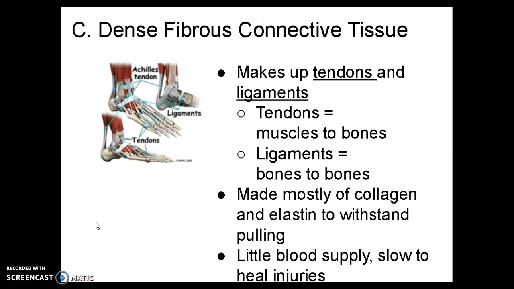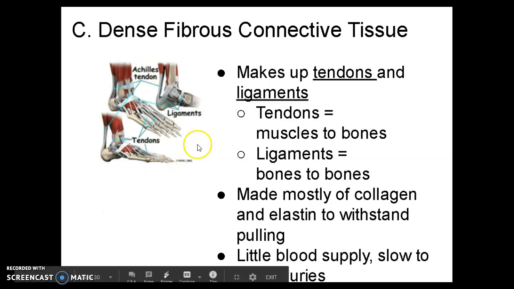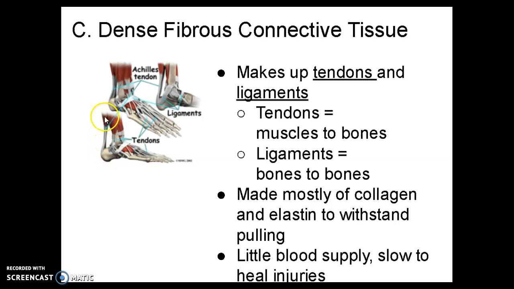Next, we have dense fibrous connective tissue. This has lots and lots of fibers in it, and it makes up your tendons and ligaments. Tendons link muscles to bones. So if you see here in this image of the foot, we see this tendon back here that's the Achilles tendon that connects your heel to your calf muscle.